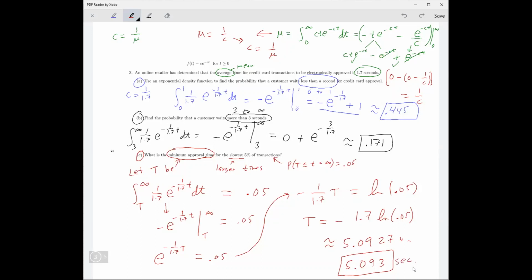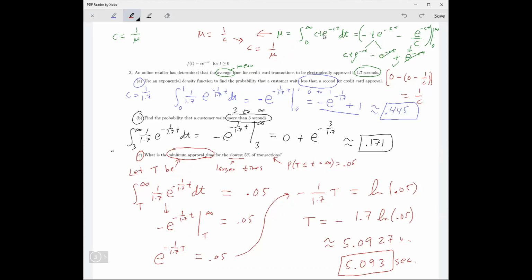Okay. Do you have any comments or questions about any of these exercises thus far? Excuse me. So start from the beginning, like mu equals the integral, why is there a t there?